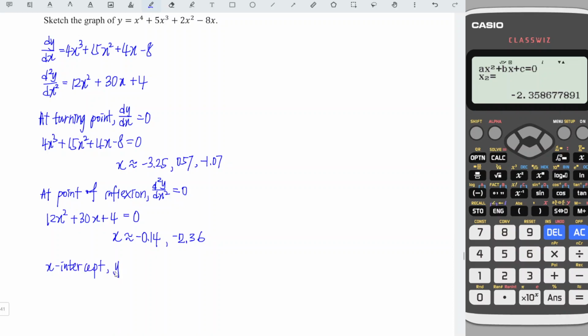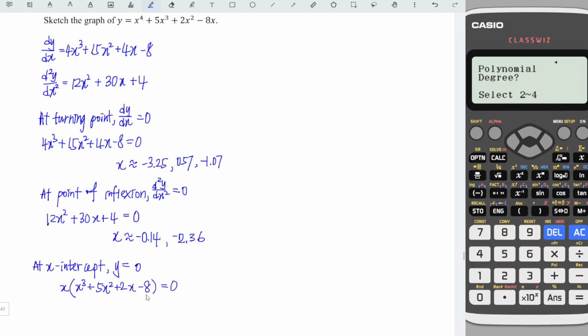We can also determine the x-intercept, which means that y is equal to 0. We can input this to this calculator as well, since it allows us to have up to degree 4. Or for a calculator that cannot do degree 4, we can first factorize, which means that we can take out x. So we are left with x cubed plus 5x squared plus 2x minus 8 is equal to 0.